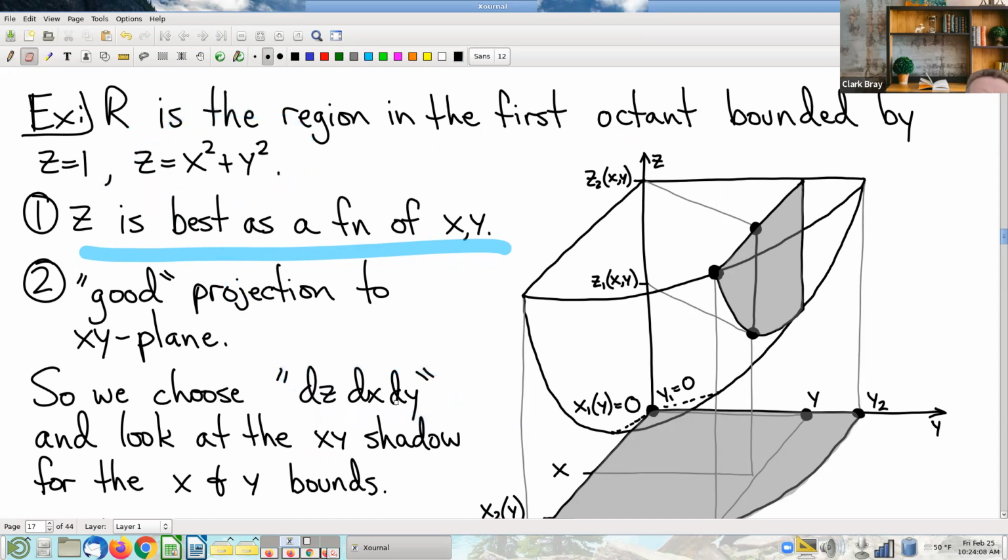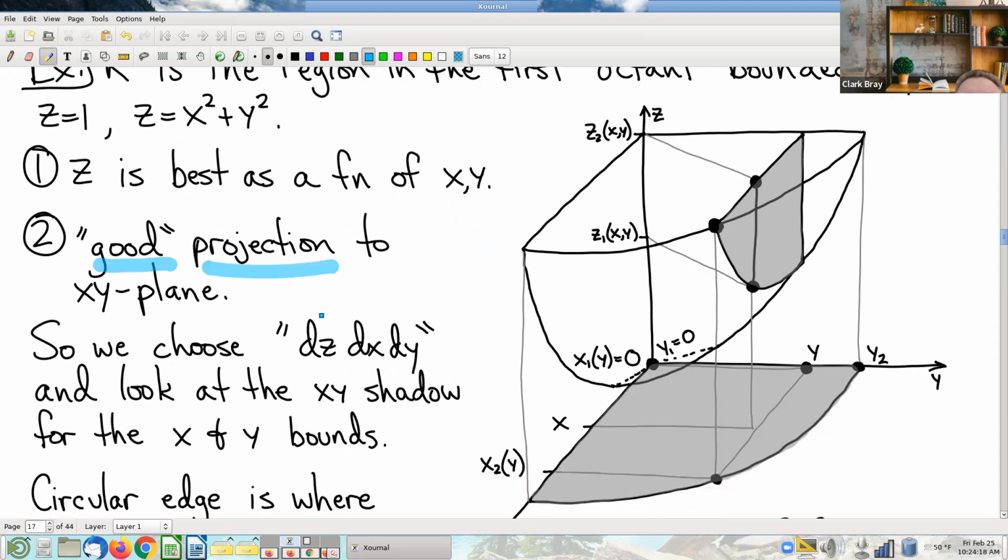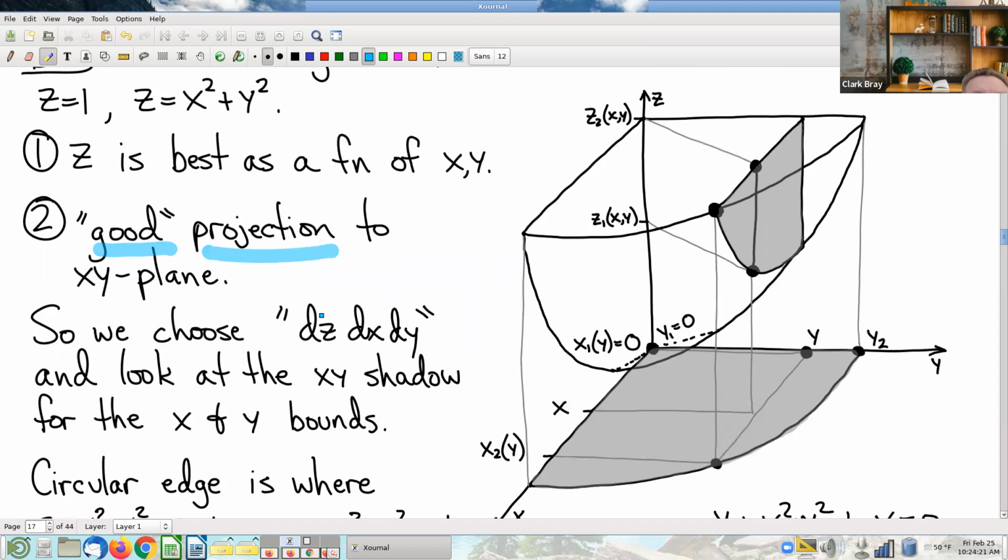Okay, so now we can slice it up the old-fashioned way, but I claim that there's a good projection into the XY plane. Now let me go through what I mean by good projection. We've already described it, but now let me show you the picture. What does a good projection look like? Okay, our solid here.